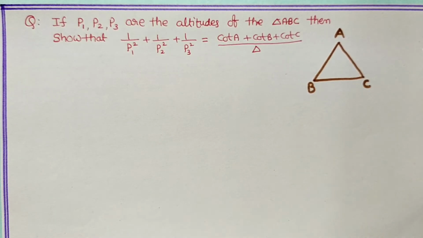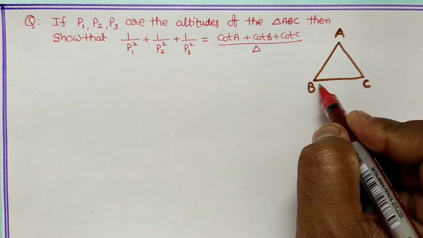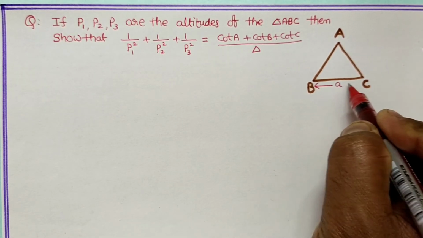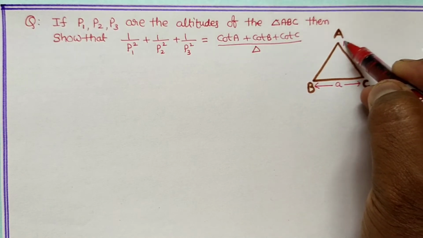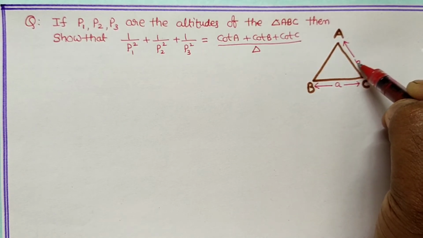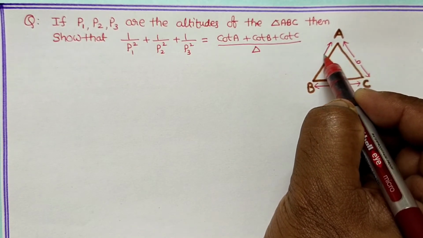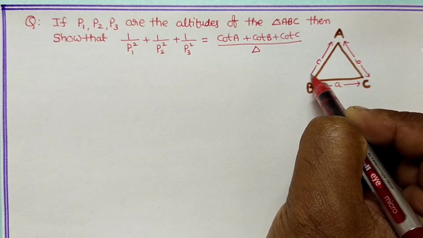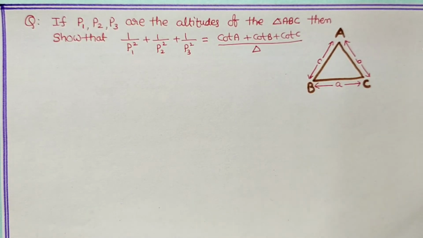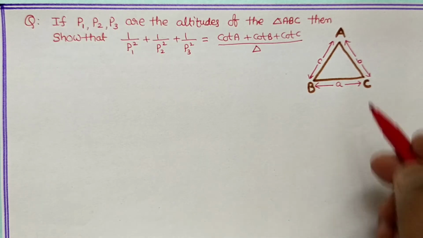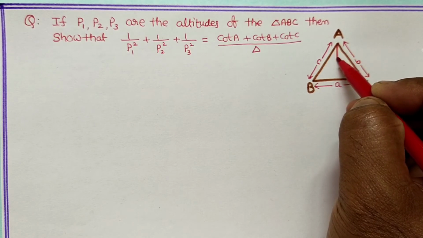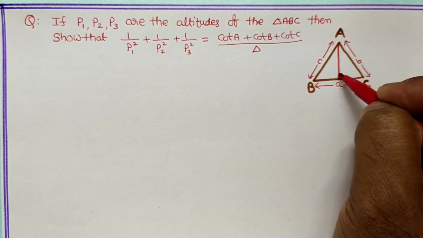We have BC equal to small a, AC equal to small b, and AB equal to small c. Now altitudes are required. P1 is the altitude through A to the side BC.